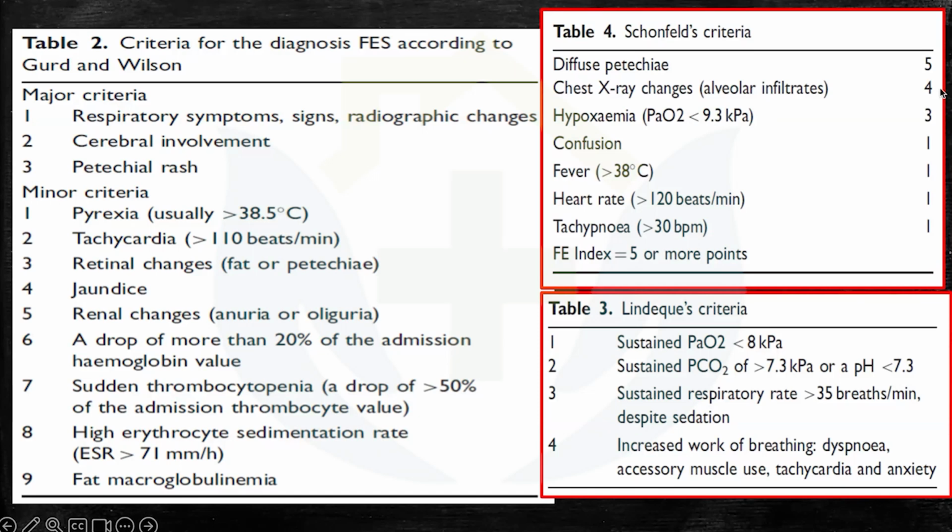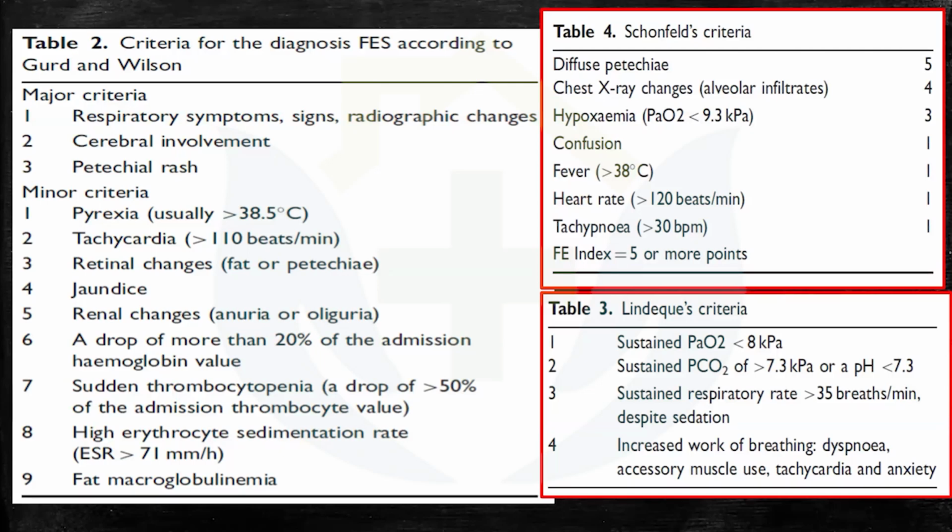The chest X-ray is 4, I mean chest X-ray showing bilateral infiltrates, ARDS type or patchy opacification. It can be fat embolism. And then hypoxia 3, confusion 1, and the rest are 1: fever, heart rate, tachypnea. If your total score is more than 5, you have a diagnosis of fat embolism syndrome. Again, I am saying it is a clinical diagnosis. You don't need to send a specific lab investigation for diagnosing.